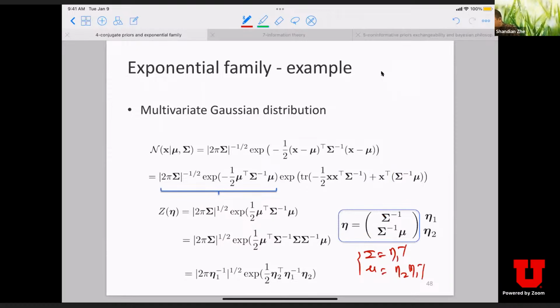Now you can just substitute sigma and mu with their representation in terms of eta 1, eta 2. Accordingly, you will eventually get the normalizer in terms of natural parameters. Does it make sense?